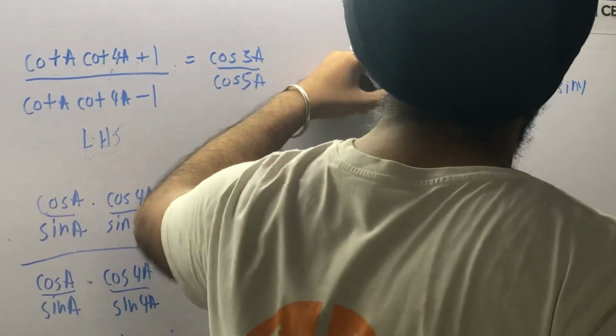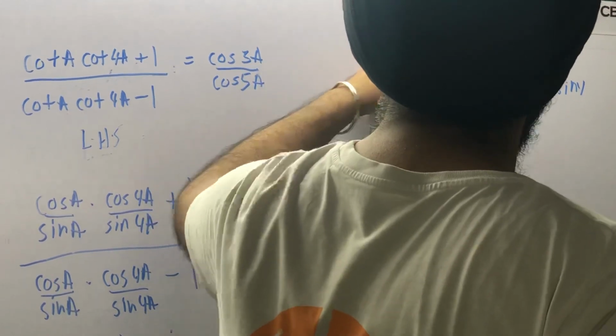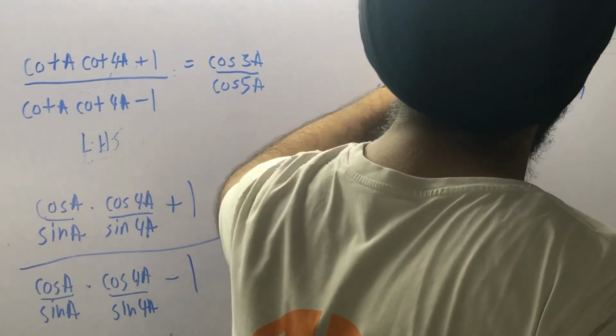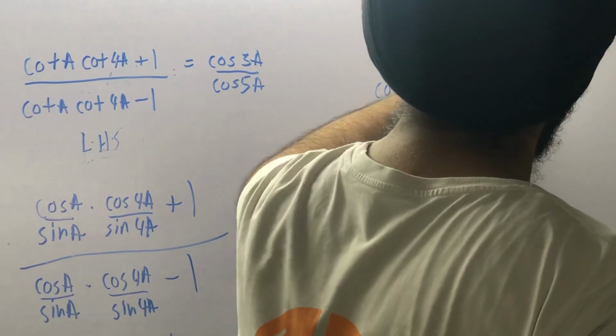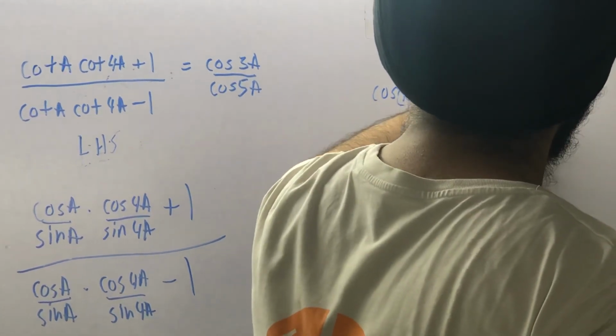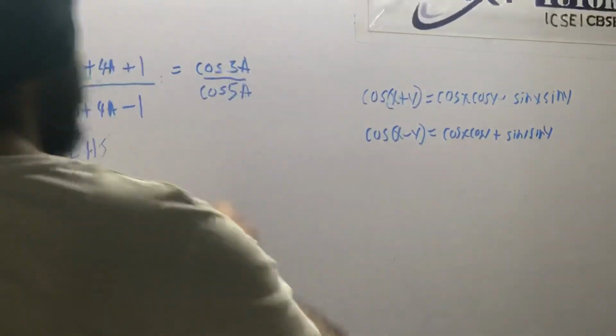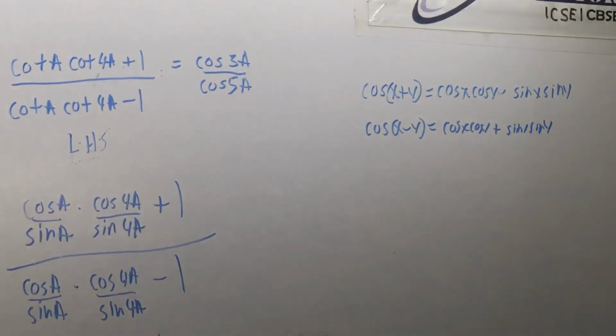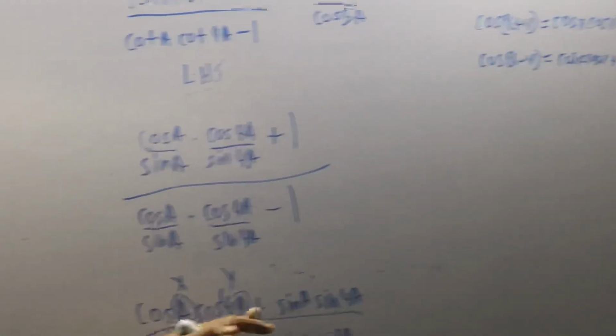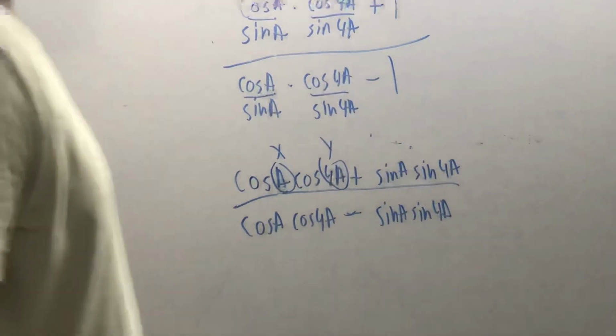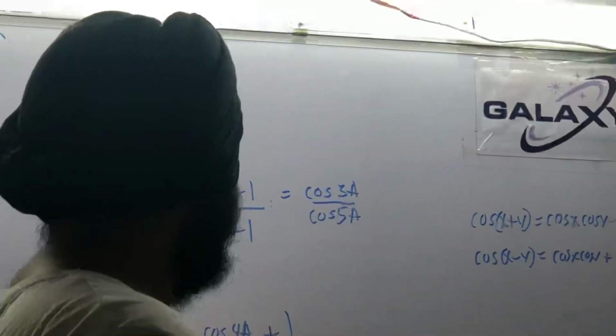Cos x minus y is cos x cos y plus sin x sin y. This is an identity we have studied. So just see this carefully. Cos x cos y plus sin x sin y, what is that? That is cos x minus y.